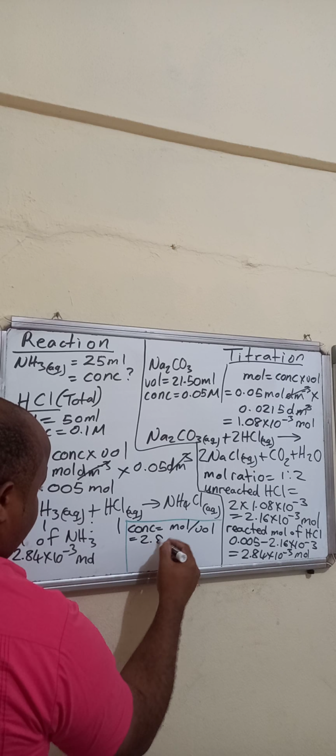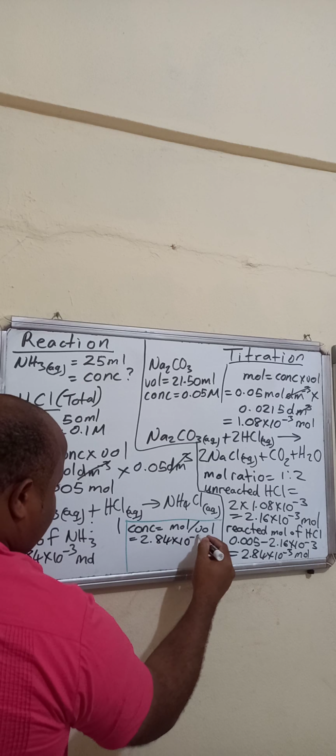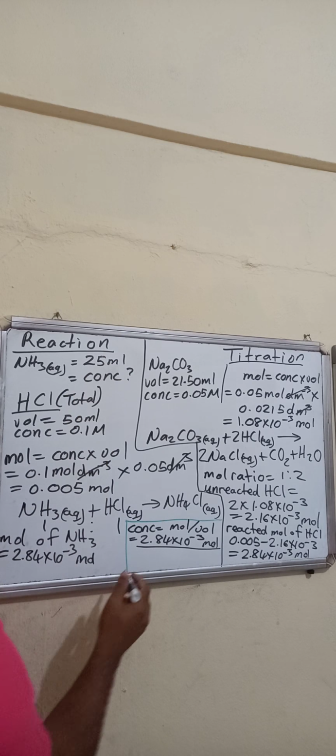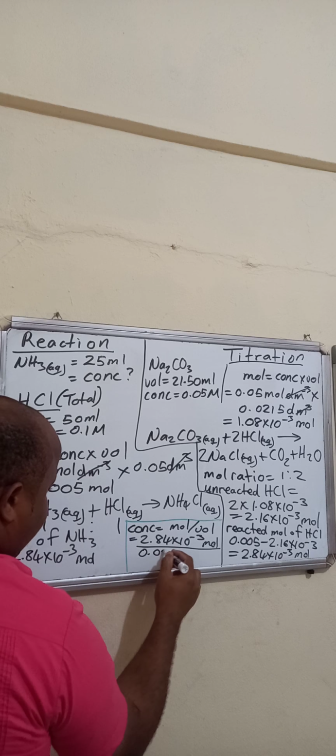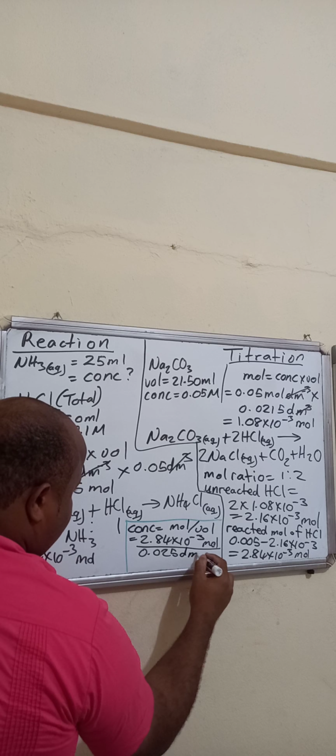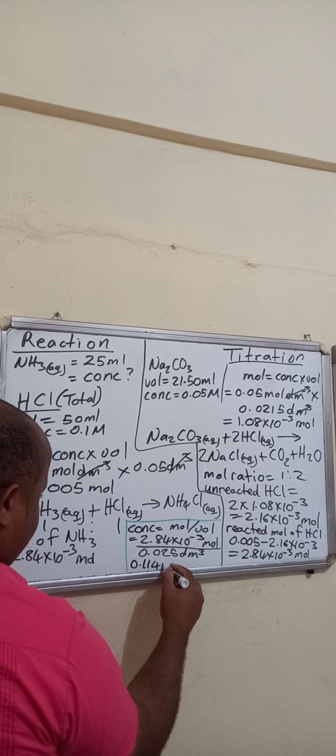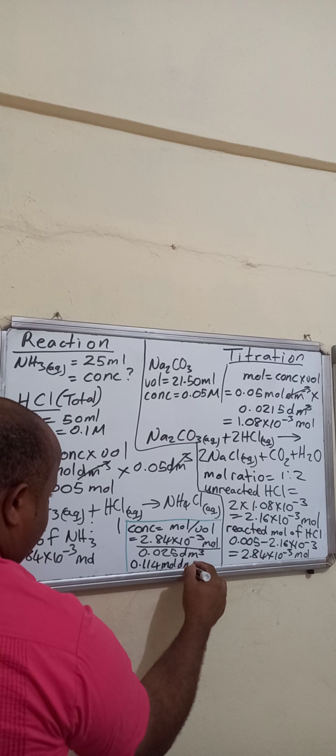So it's 2.84 times 10 to the minus 3 moles divided by the volume of ammonia in dm cube, 0.025 dm cube, and you should end up with 0.114 moles per dm cube. Right? And that's how you do a back-titration.